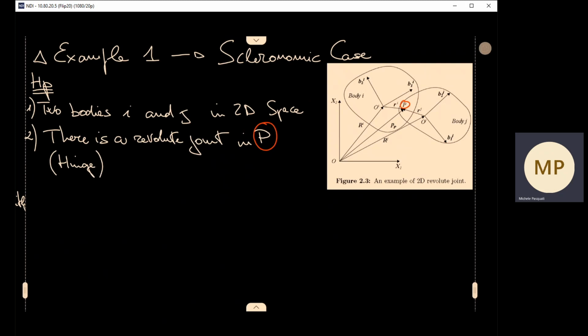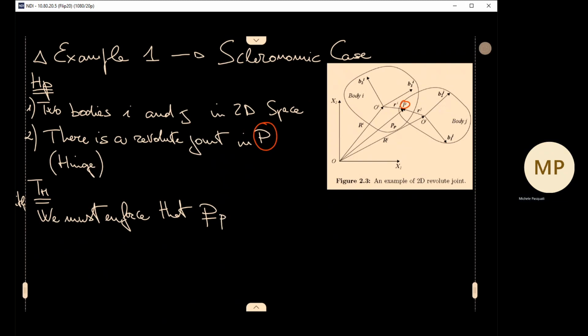What we have to do, that's the thesis, we must enforce that the position of point P belonging to the body I is identical at all times.